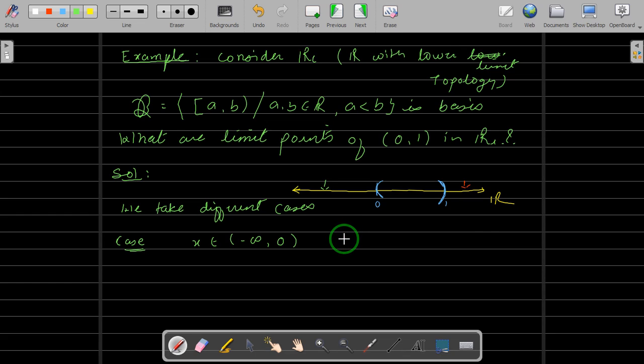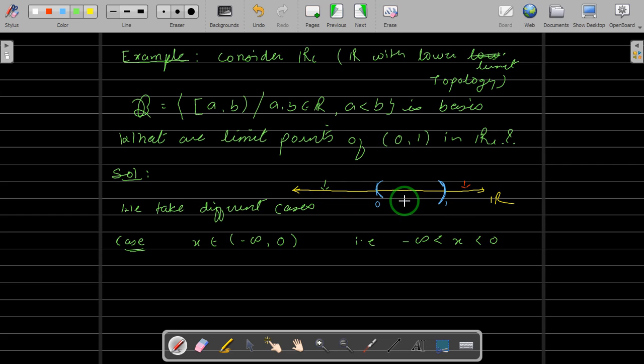Now for this, is this a limit point? That you have to check. You have to find the neighborhood of this point, and when you take the intersection with this set, it should be non-empty. That is, minus infinity less than x less than 0. We are checking whether this point x is a limit point of this set or not.